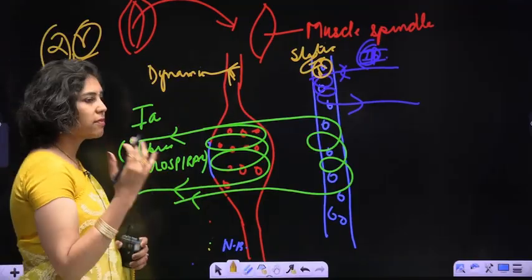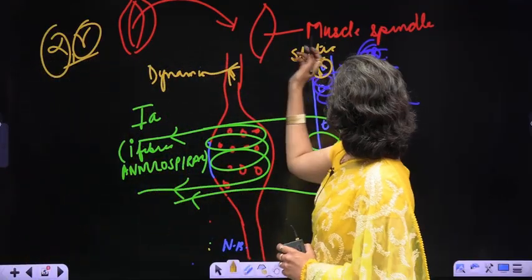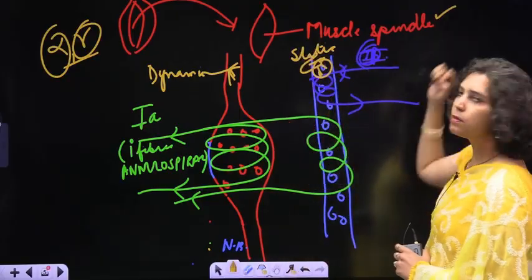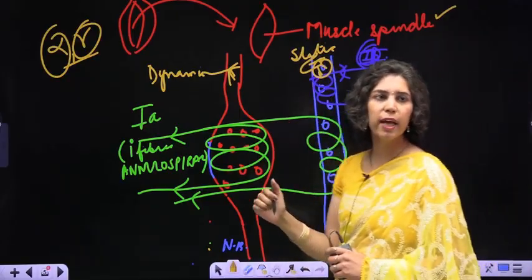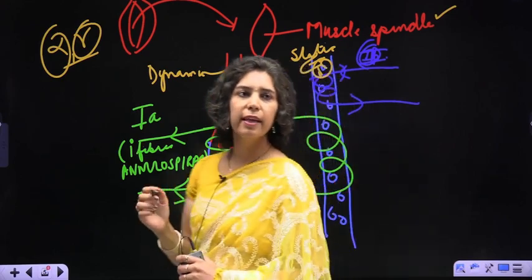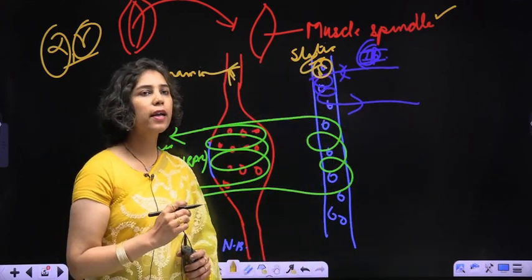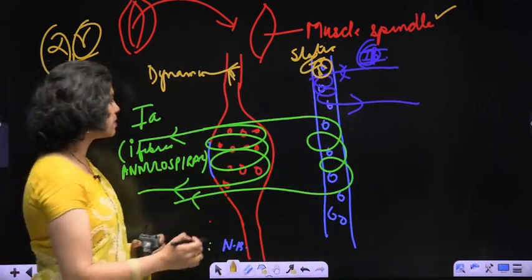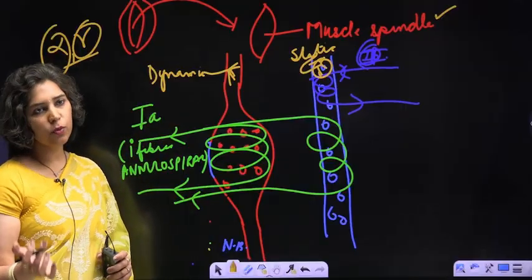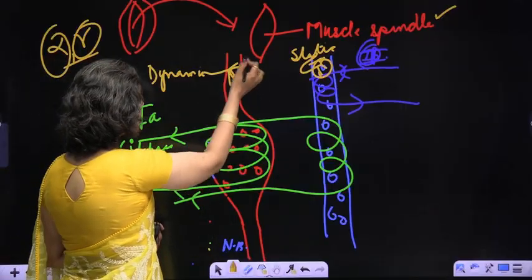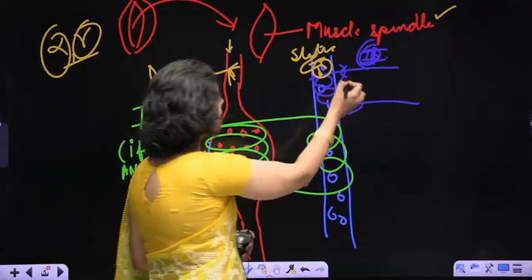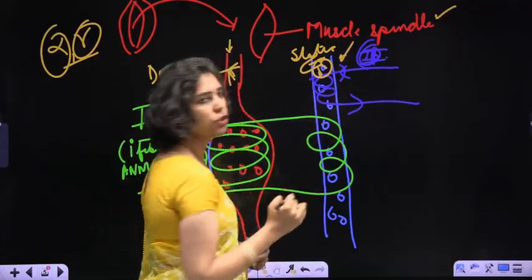Okay, so let's revise it quickly. Muscle spindle fibers are of two types, nuclear bag fibers and nuclear chain fibers. Nuclear bag is again of two types, static and dynamic nuclear bag fibers. Here is the representation of nuclear bag fibers and here we have shown the nuclear chain fibers.